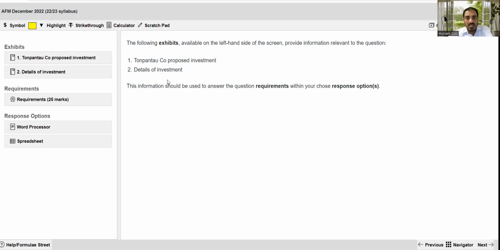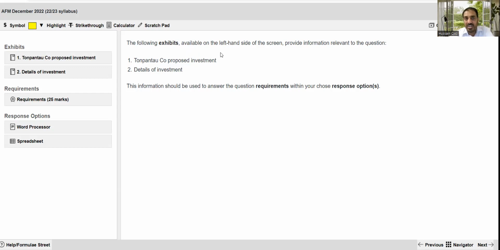So, I'm going to start this question. I'm going to read this question first. The first phase is to read the question carefully. Whenever you are reading the question, first of all, make a quick view of what is mentioned in the front of the screen.